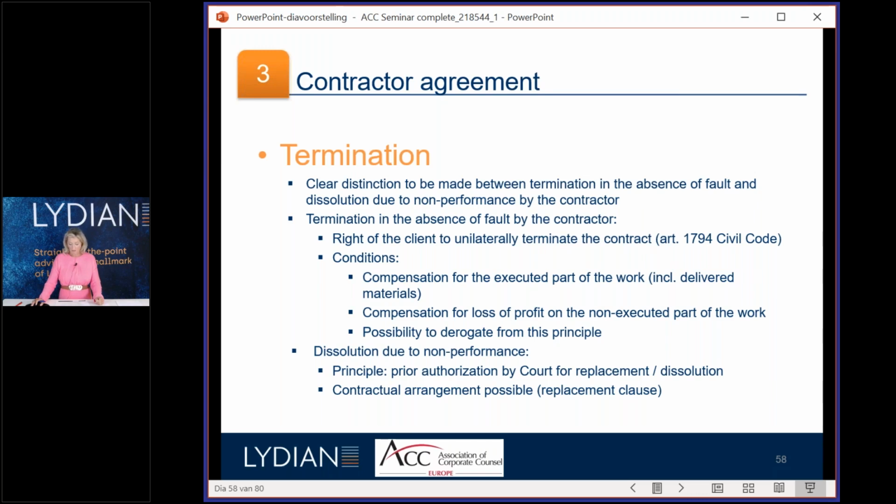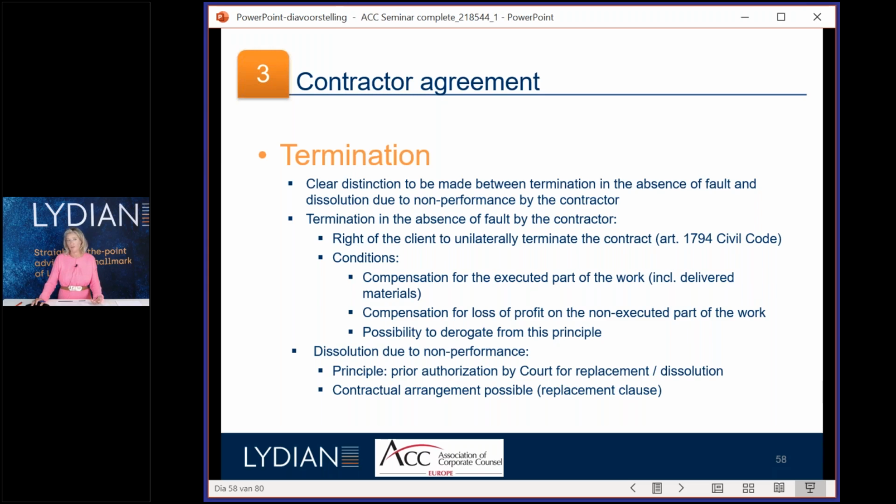Then in case of a contractor's breach, dissolution due to a non-performance by the contractor, as Jo mentioned at the beginning of the webinar, for a dissolution of a contract and also a contractor agreement, you will need to go to court. So if you want to replace your contractor, you will have to go to court and ask the court for a replacement.